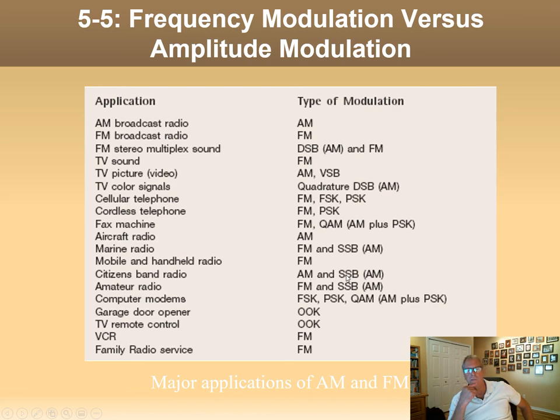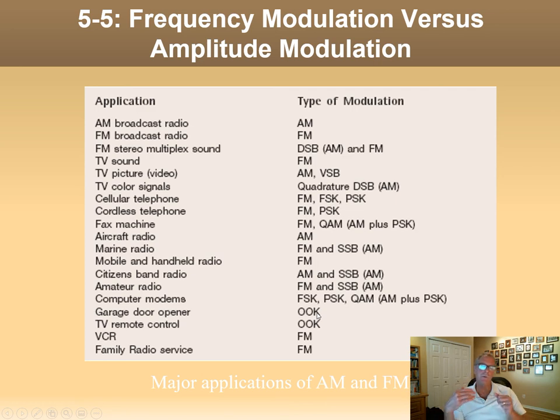CB, I heard, was moving to FM. Interesting. Amateur is FM and SSB. Modems, nobody uses modems much anymore. Garage door opener is OOK. What does OOK mean? On-off keying.